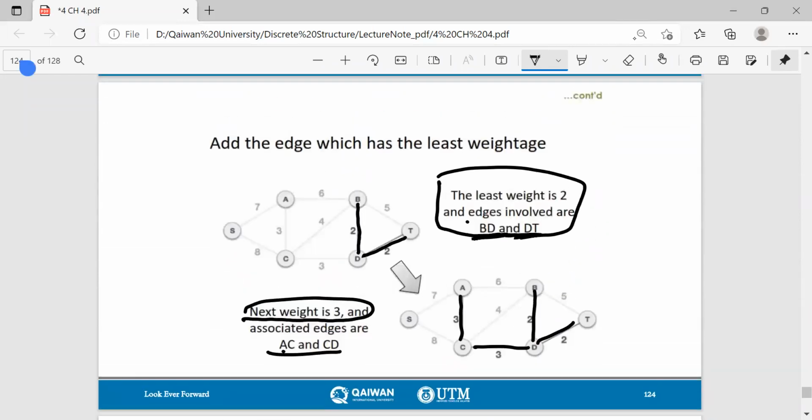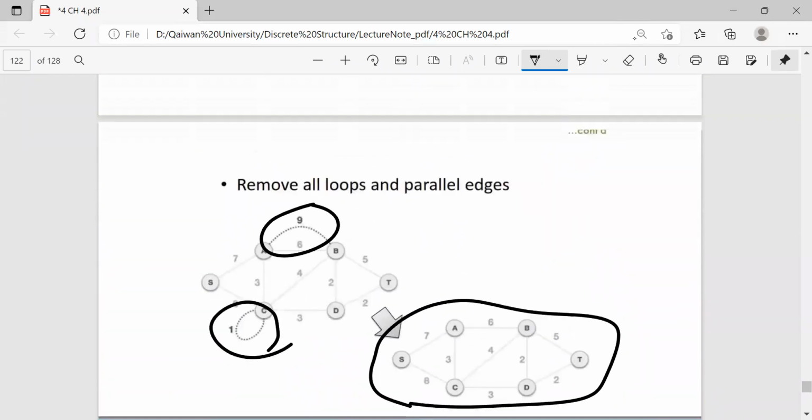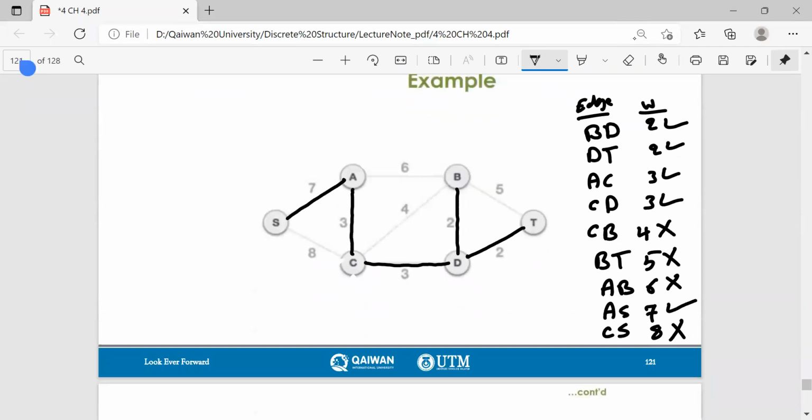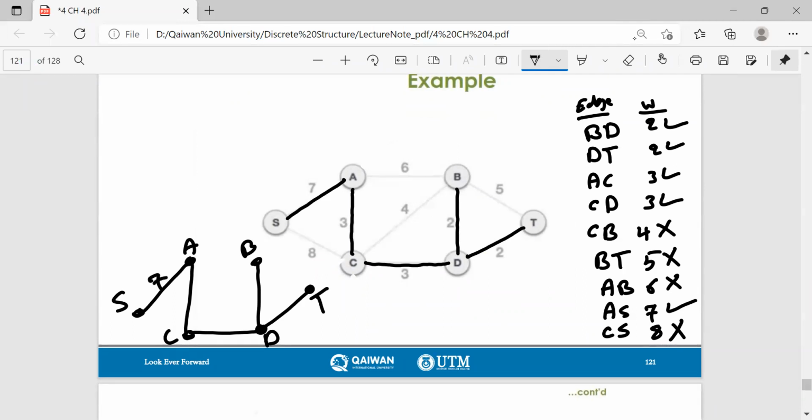It's the same as what we did here. This is S. This is the spanning tree: S, A, C, B, D, T. You should write down the weight of each edge here: 7, 3, 3, 2, 2.